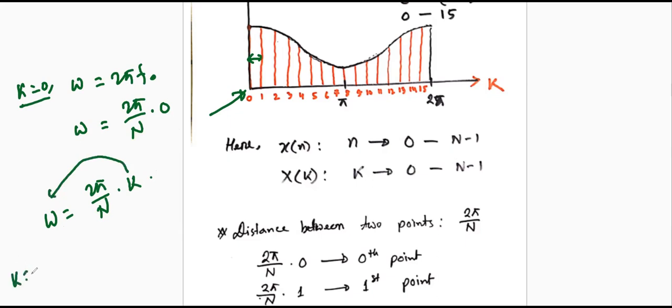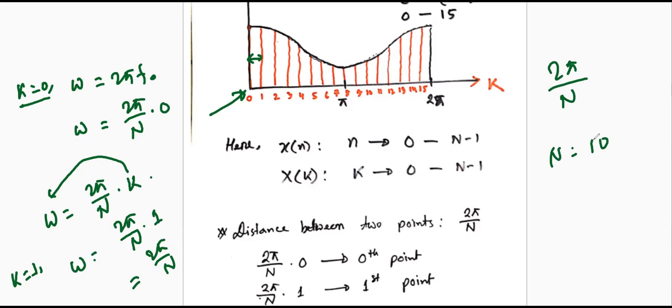For k equals 1, omega equals twice pi by n into 1. So the frequency is twice pi divided by n. What is the actual frequency? Let's say n equals 10. So that is twice pi divided by 10, which equals pi divided by 5.